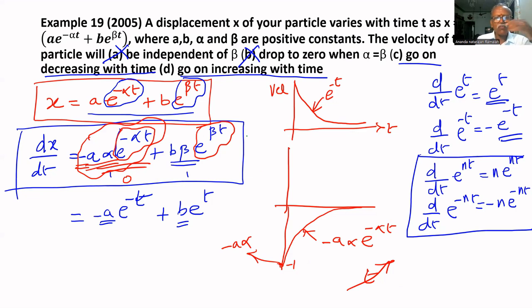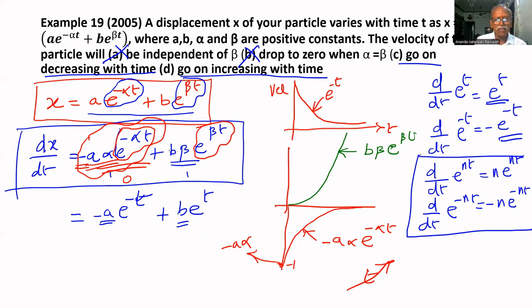Suppose, what is the graph for this? Let us assume b and beta equal to 1. This is the graph for b beta e power beta t, which exponentially increases. Initially, when t equal to 0, e power 0 equal to 1.